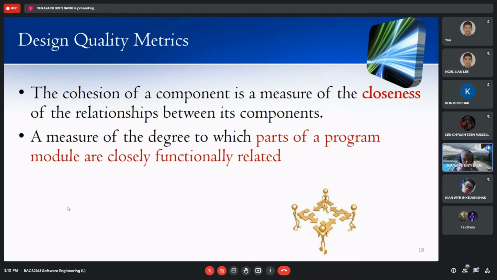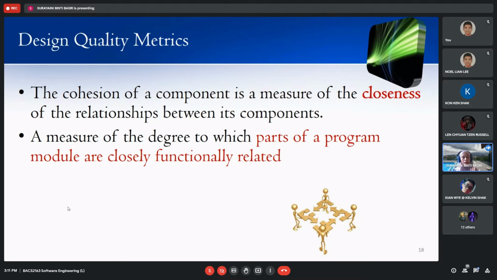Inside it, you may have other modules working together to produce that course registration. For example, there will be a student and there will be a course, because it is course registration, right? The student will need to register a course.